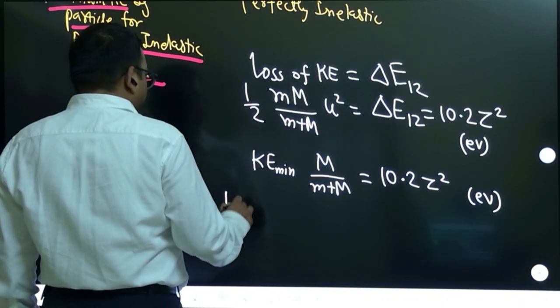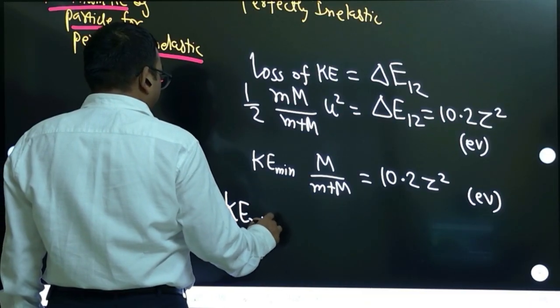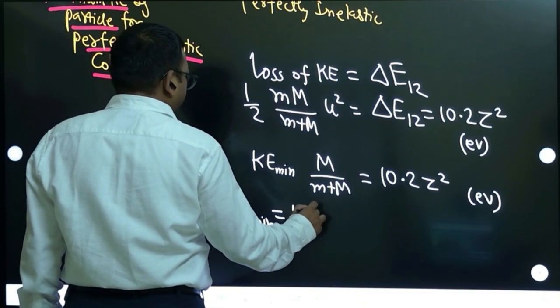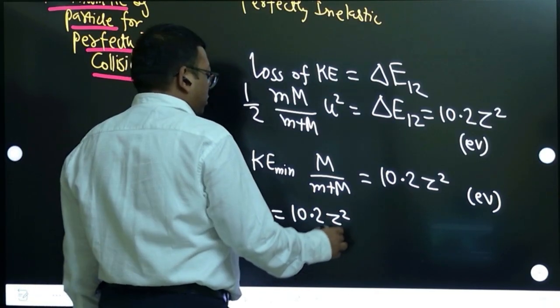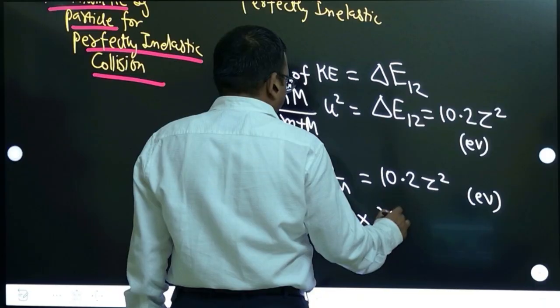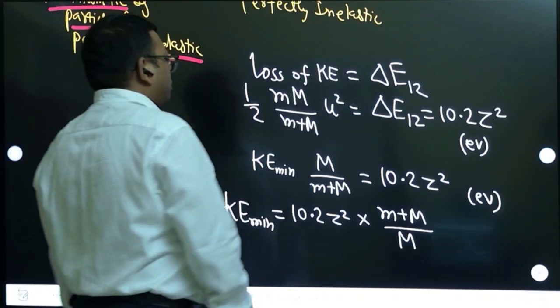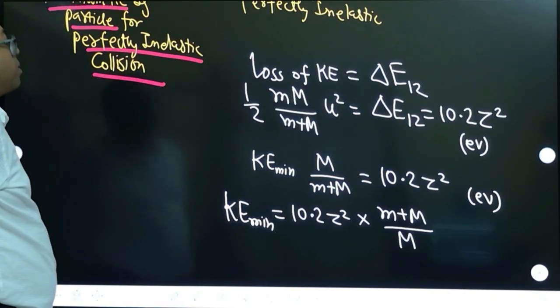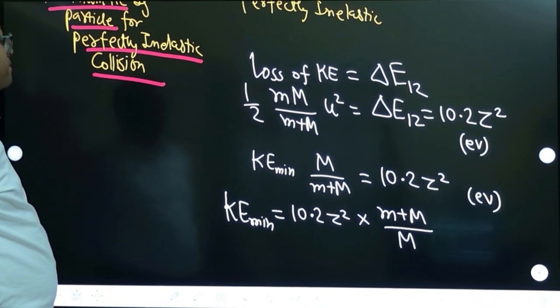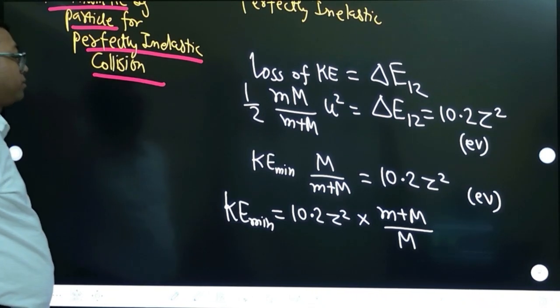So the minimum kinetic energy calculation will give 10.2 Z square times m plus m by capital M. Check this out.